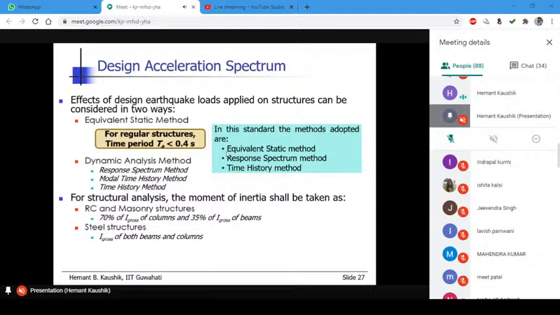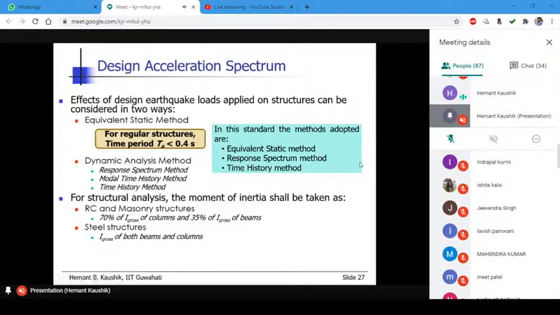Similarly, you can find out the natural period of vibration using the equations given in the code. From there, you use the design response spectrum and get SA by G manually, and then you calculate the base shear. So this is the equivalent static method. So the natural period is calculated using the equations given in the code.